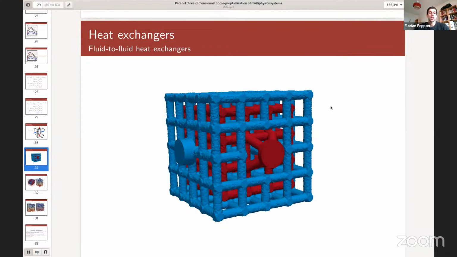For the body fitted heat exchanger, it's certainly dependent on the initial design, because if you don't give a good topology, you cannot allow mixing of the two fluid parts during iterations.